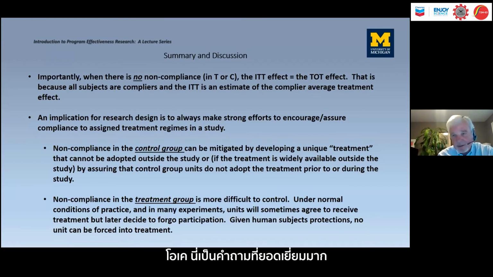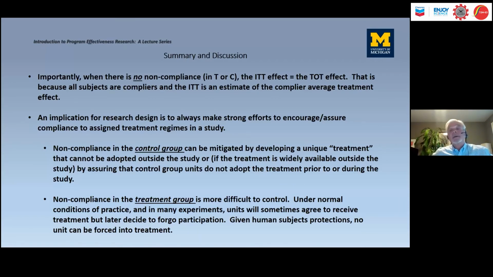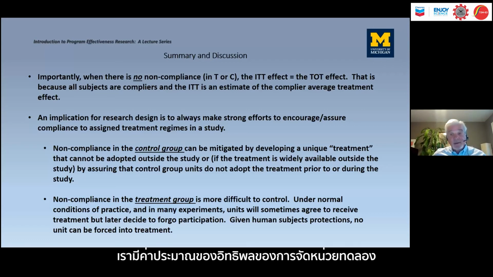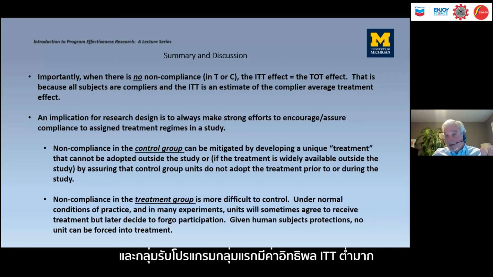Okay, this is excellent. So supposing instead of a single treatment, we are now considering 2 treatments. And supposing we have intent to treat estimates of the effects of assignment to treatment on outcomes for these 2 programs. And one of these programs has a very low ITT and the other one has a high ITT.